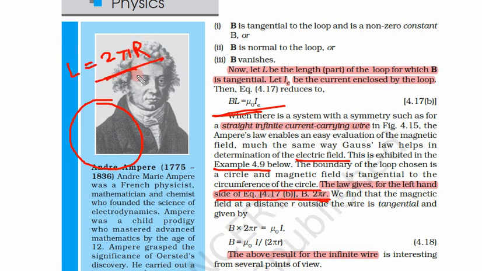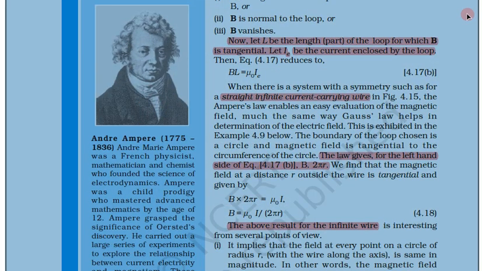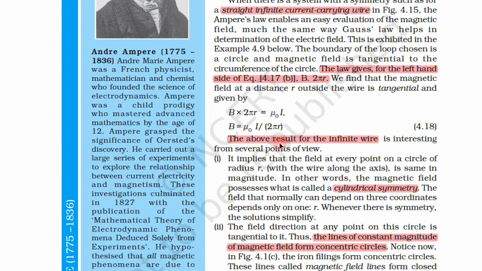So B into 2 pi r, we find the magnetic field at a distance r outside the wire is tangential, and given by B into 2 pi r is equal to mu naught I, B is equal to mu naught I upon 2 pi r. So the above result for infinite wire is interesting, and let us see some of the points.